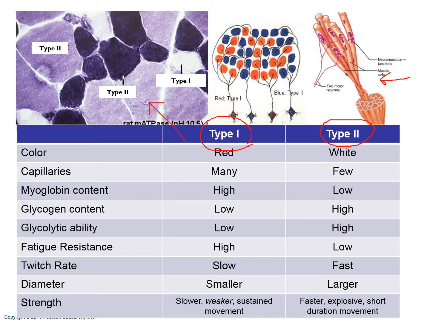The main difference between type 1 and type 2 muscle fibers is how they manage ATP. Type 1 muscle fibers synthesize large amounts of ATP by a process called aerobic cellular respiration. This ATP then supports muscle contraction. Remember the cross-bridge cycle?